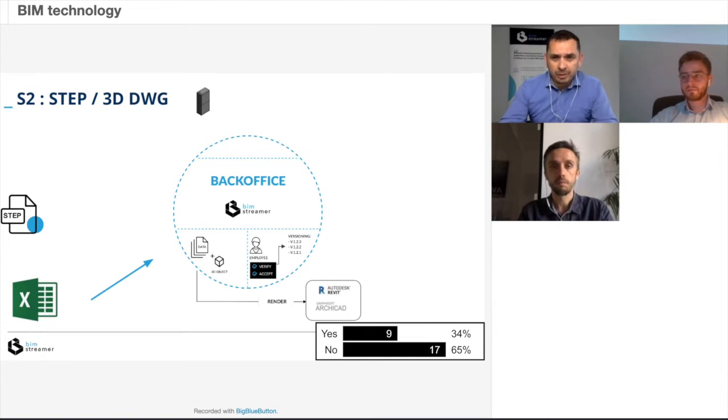Okay, thank you for the explanation. So I think that right now, if I would run the survey once again, the answer would be relatively different than the one that we got from you, because according to our poll, 65% of you had no idea what the STEP was for.